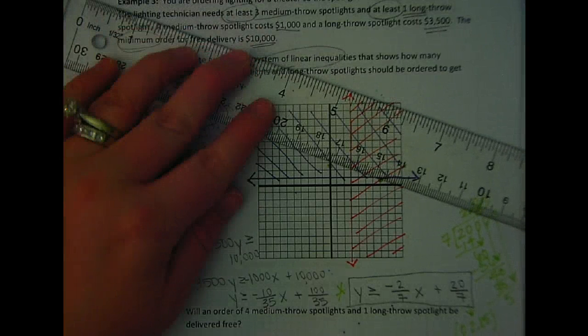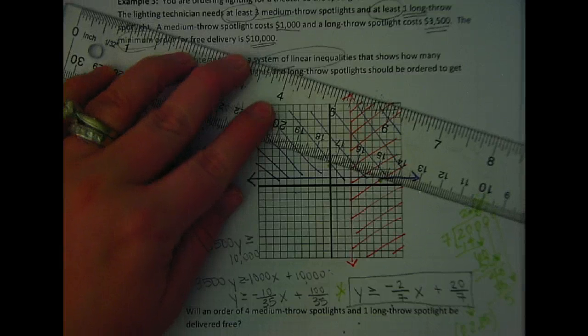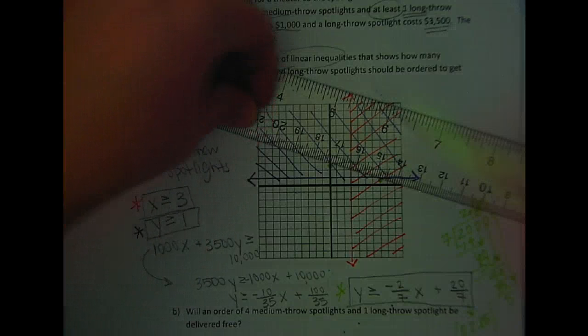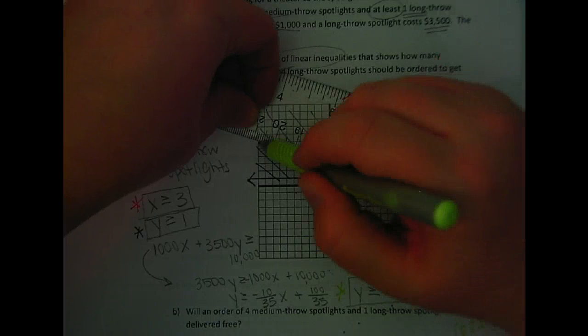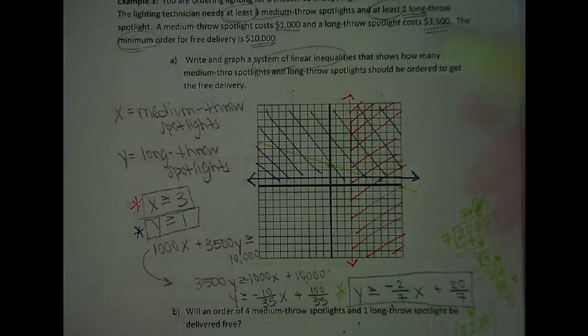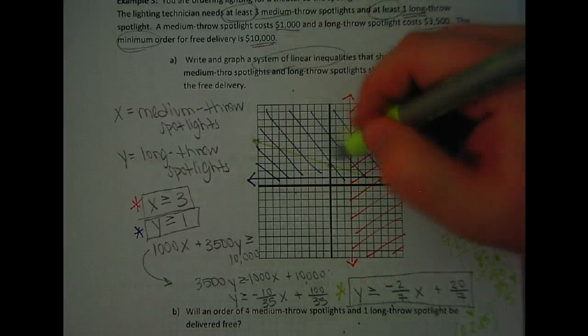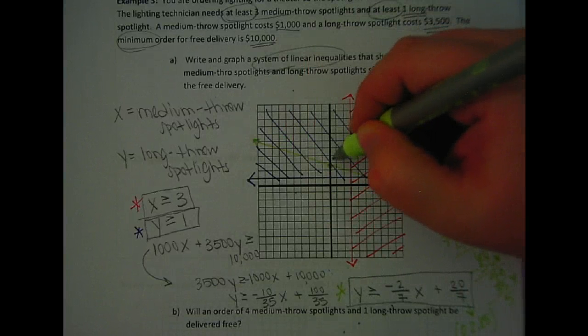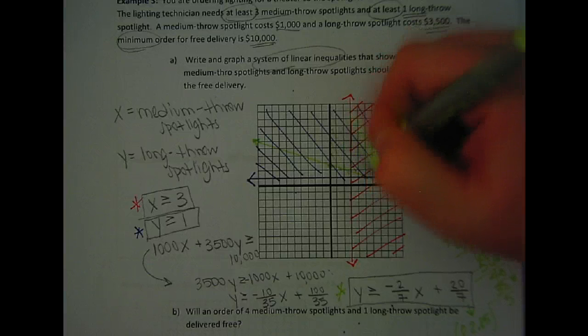And this is also equal to, so I can draw a straight line when I do this. Not perfect, but it'll give me an idea. And it's above, so it's going to be like this.